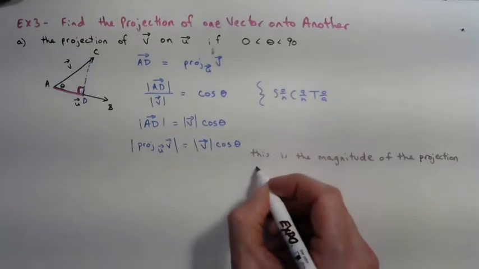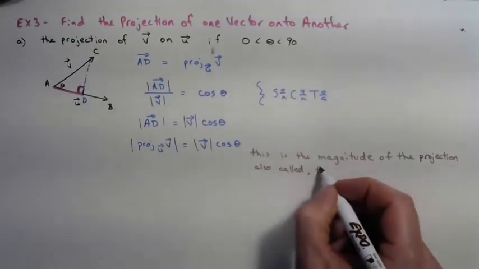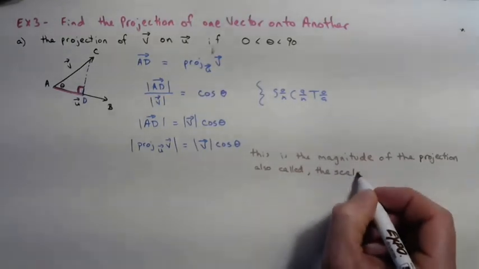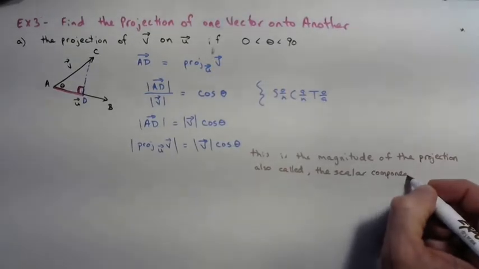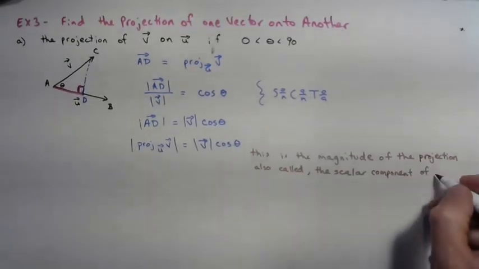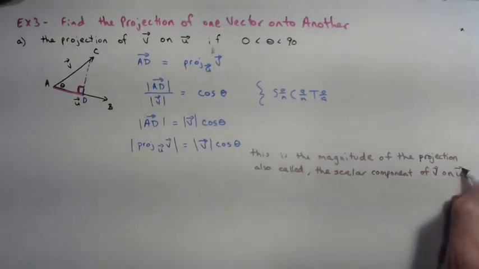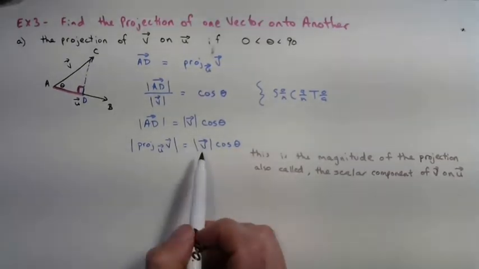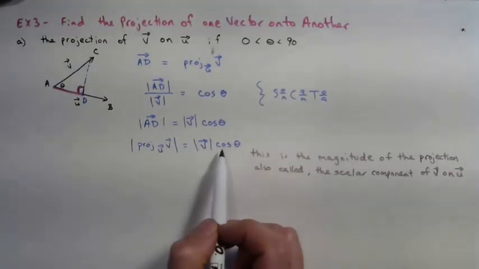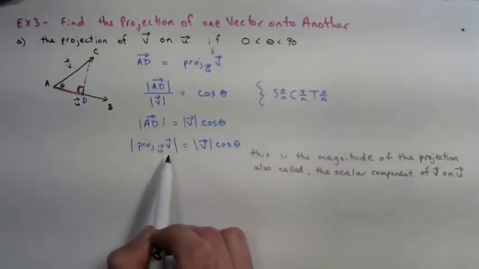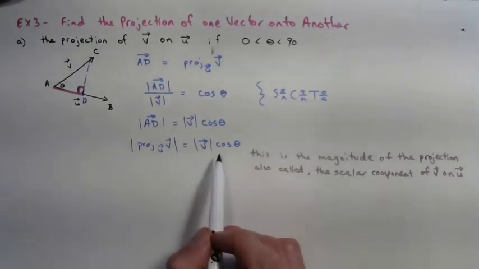It is also called the scalar component of V on U. So this is a scalar component. It's a magnitude. It does not indicate direction of the projection. We know that it is in the direction of U.